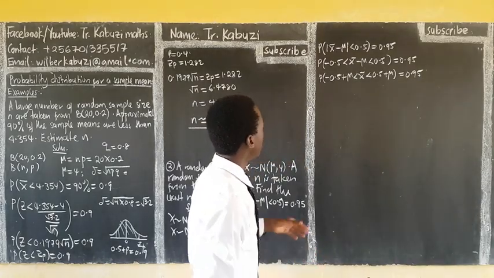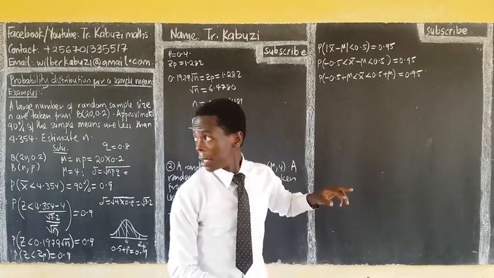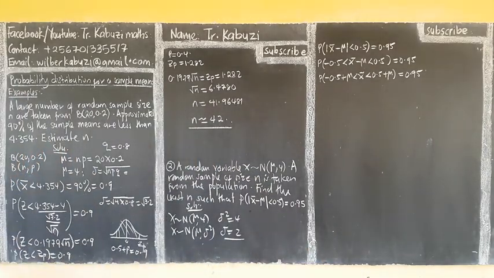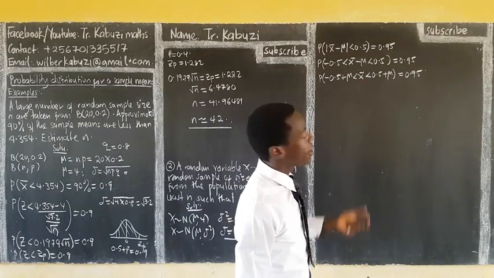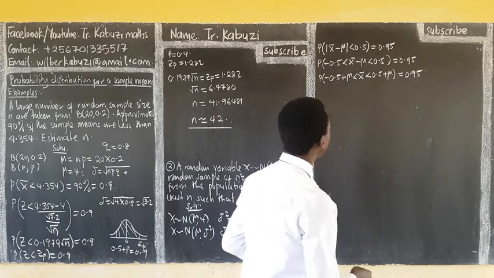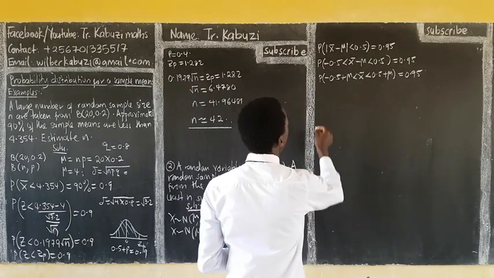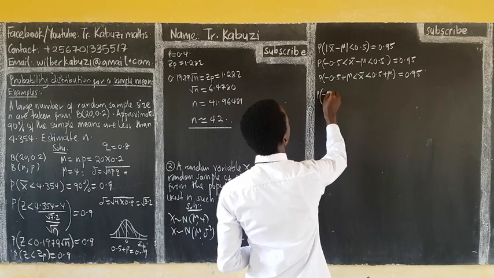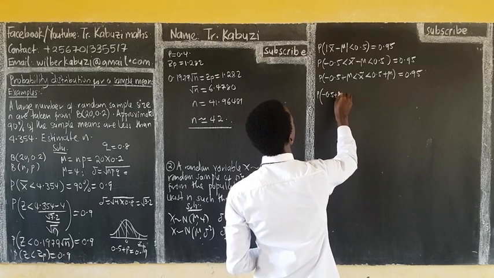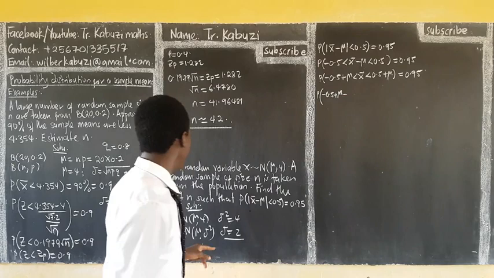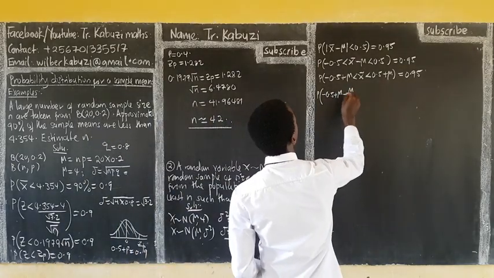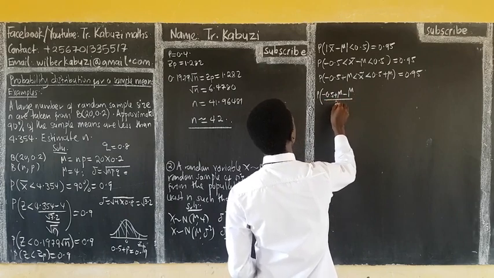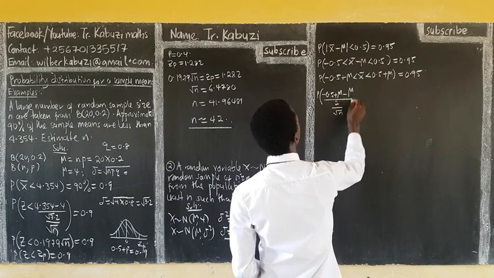Now from here, we need to standardize it so that we can read this. How do we standardize? We subtract the mean, so our mean here is mu. So we subtract mu, the whole divided by our sigma, 2 over root n.